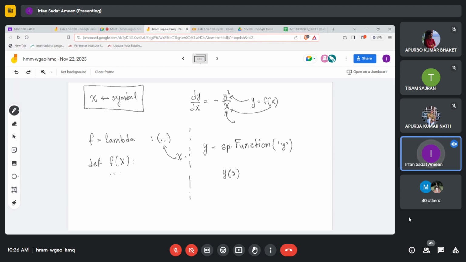It will also work if you give another bracket x here, where x is already defined as a symbol. Then you will get an arbitrary function of x that has no body, the body will be determined after we solve the equation. So this will be necessary.